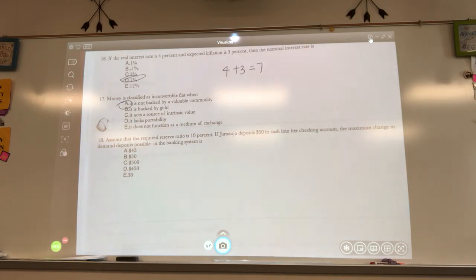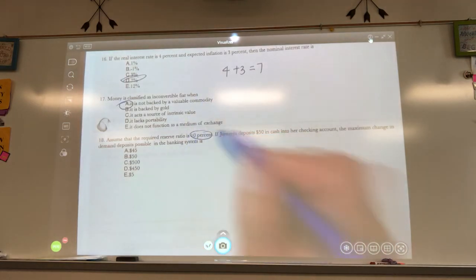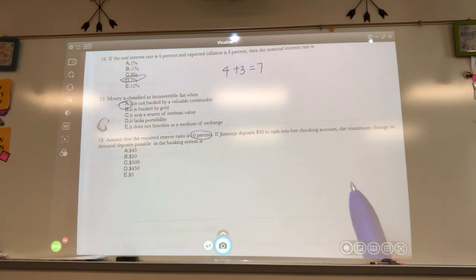18. Assume the required reserve ratio is 10%. If Jumangia deposits 50 in cash into her checking account, the maximum change in the demand deposits in the banking system is what? So what do I have to do?